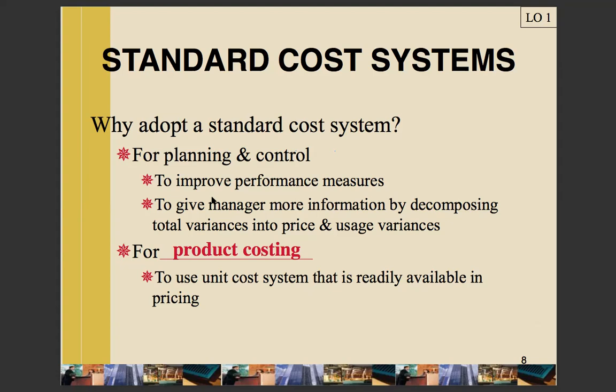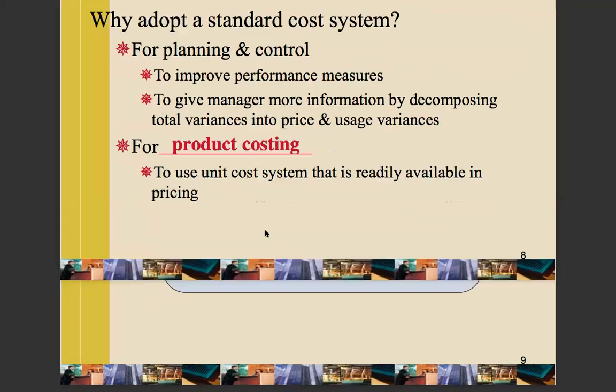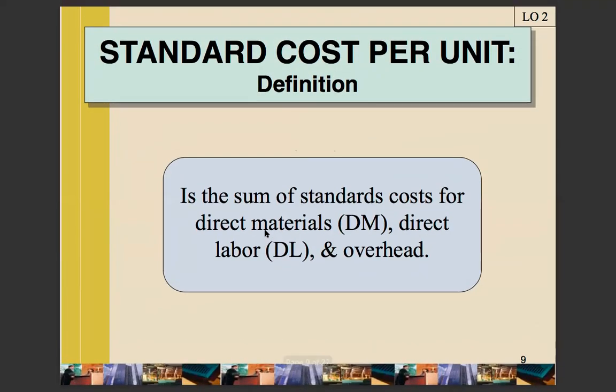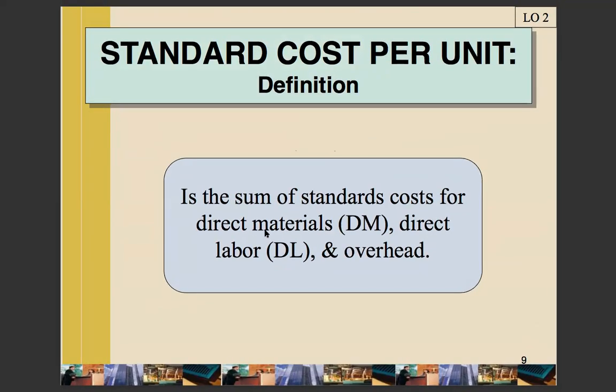So this is the standard cost per unit. This is what we talked about before. There are three types of manufacturing cost. It consists of direct material, direct labor, and overhead.